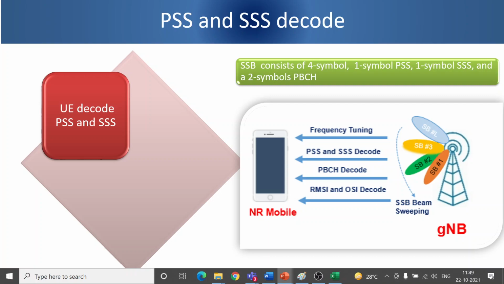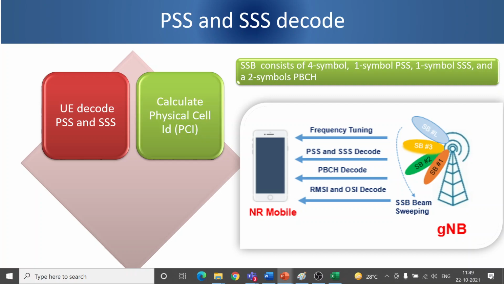So it just compares the pattern which it has received with the pattern which it has stored, and with that it will derive a particular number. Based on those numbers, it will be able to calculate the cell ID. We will do that calculation for you.